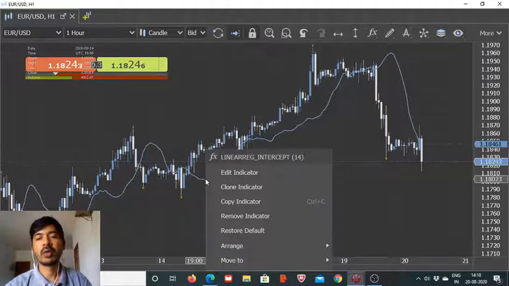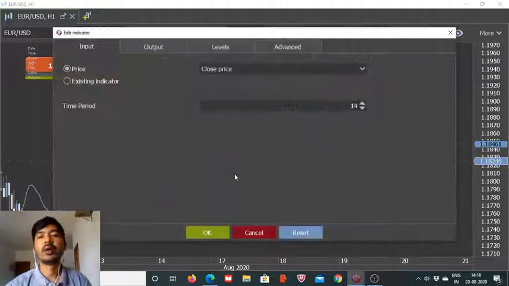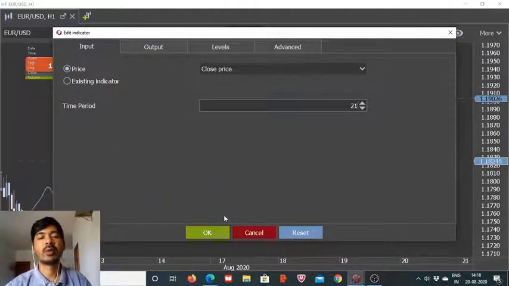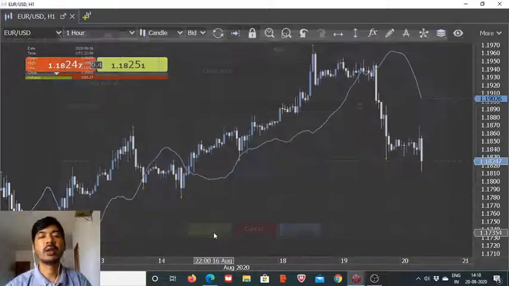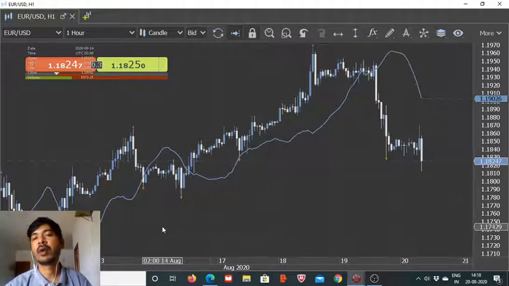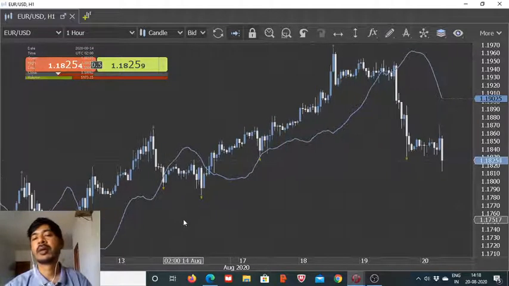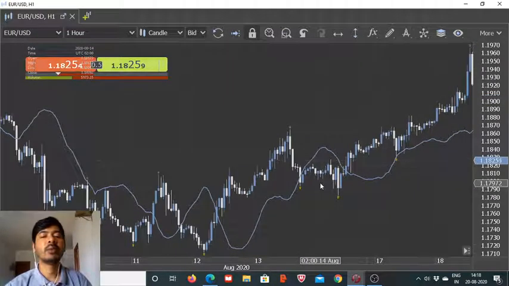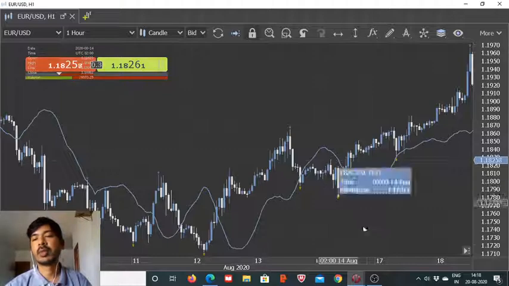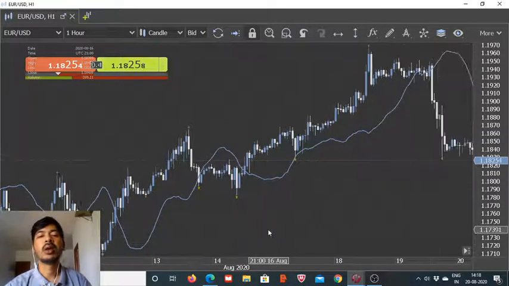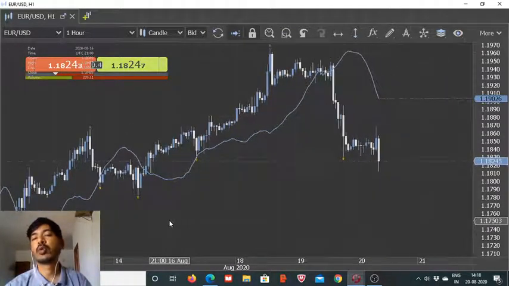Here it is 14. I can try, or you can try, say 21. We can try 50, or we can try 100. So we will have to see what is the time frame which will serve the purpose best, and then accordingly we have to see how to design these automated setups.